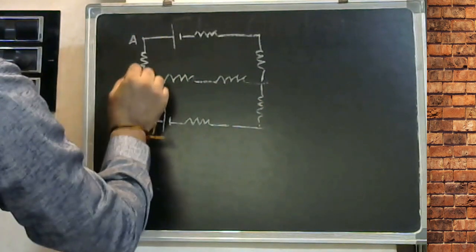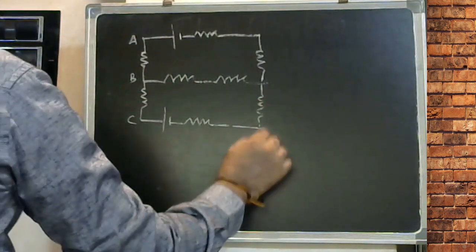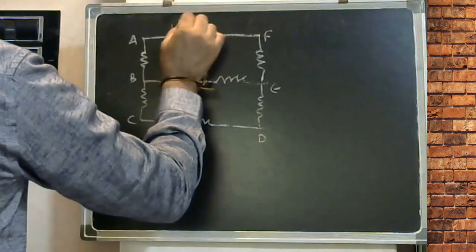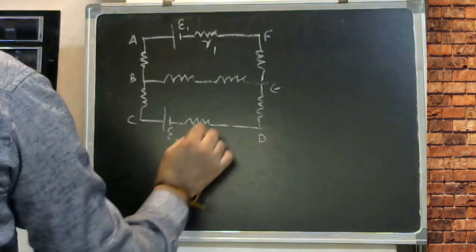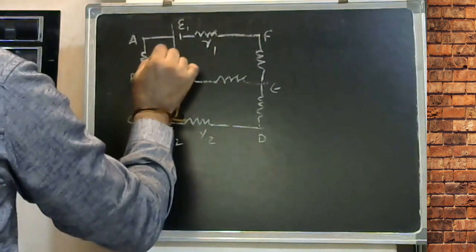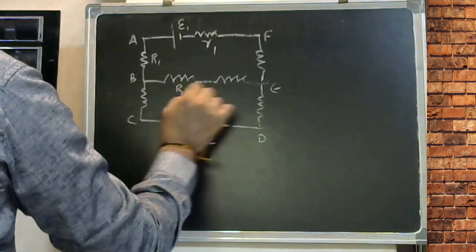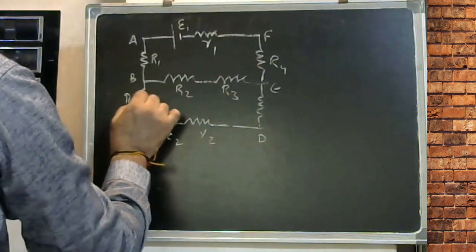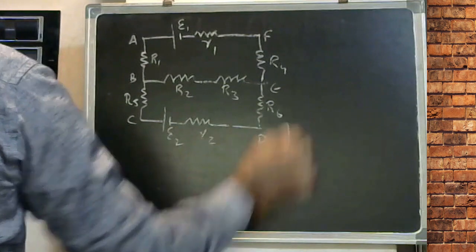Let's name the points A, B, C, D, E, and F. This is R1, this is E1, this is E2, this is R2, this is R3, this is R4, this is R5, this is R6.